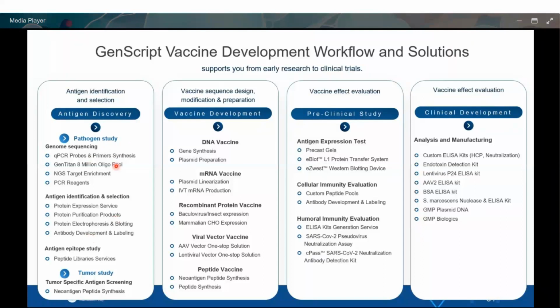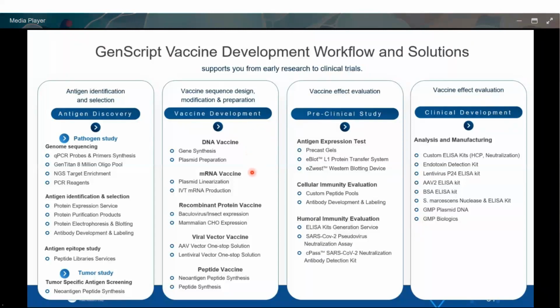These are all related services we can provide during your antigen discovery. After the antigen is identified, the next step is the vaccine sequence design, modification, and preparation.